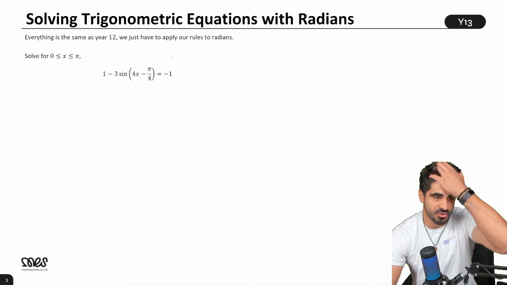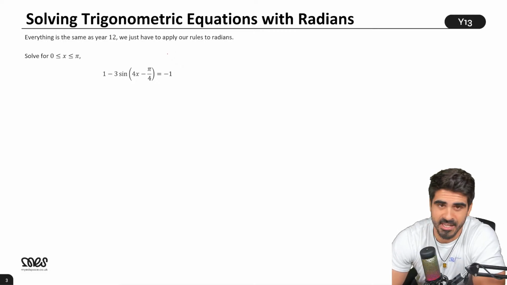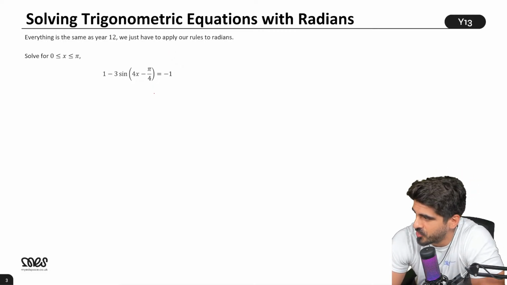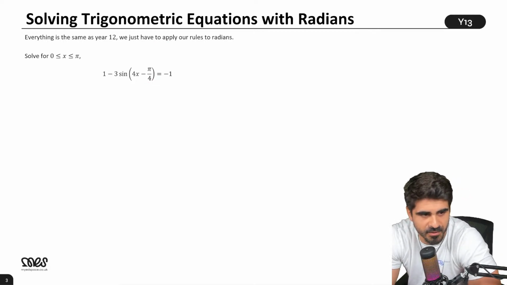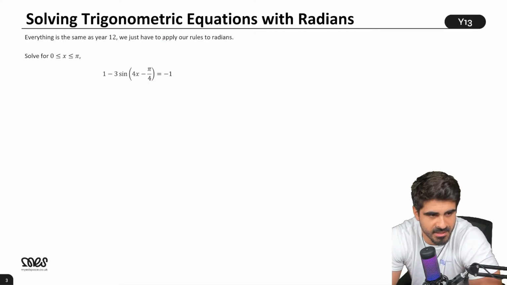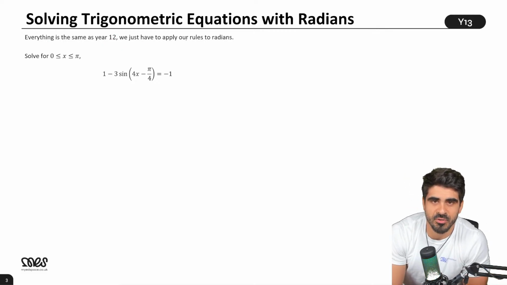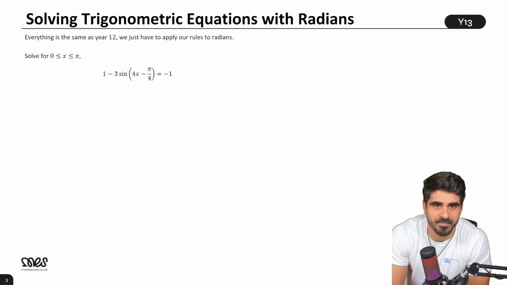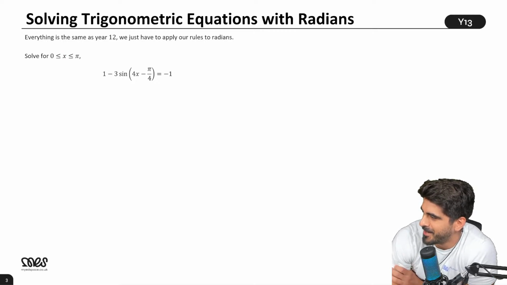I'll introduce to you a new set of trig functions, but they can all be converted into year 12 functions, and then there's nothing new, yeah? So everything is the same as year 12. We just have to apply our rules to radians.